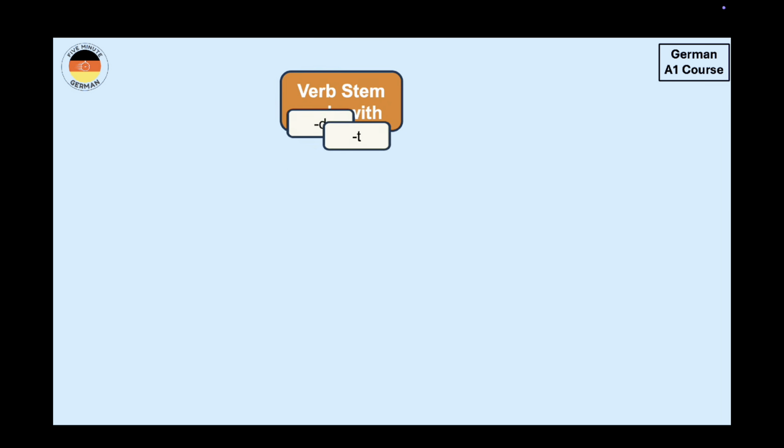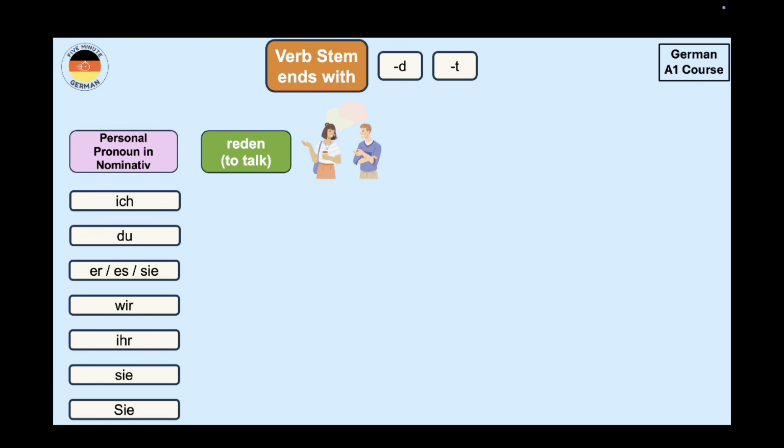Now let's first of all take a look at the case where the verb stem ends with the letters d or t. So I have an example verb over here, which is reden, which means to talk, and we learned that the ending with the first person singular will be e. So when we conjugate the verb reden, it will become ich rede.